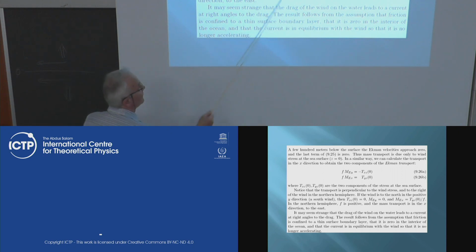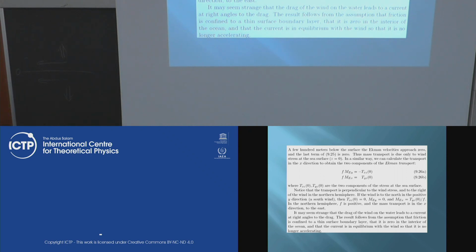The result follows from the assumption that friction is confined to a thin surface layer, that it is zero in the interior of the ocean, and that the current is in equilibrium with the wind, so that it is no longer accelerating. This comes from the type of equation we have.